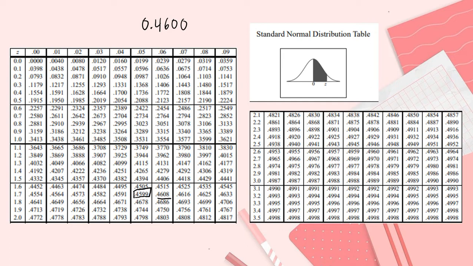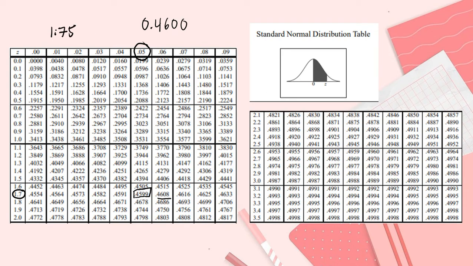Ngayon, para makuha niyo yung value ni Z, titingnan niyo ngayon yung taas niya, kung ano yung kapantay niya sa taas, at kung anong kapantay niya sa left side. At yun yung value ni Z. So that is 1.7, and this is 0.05.